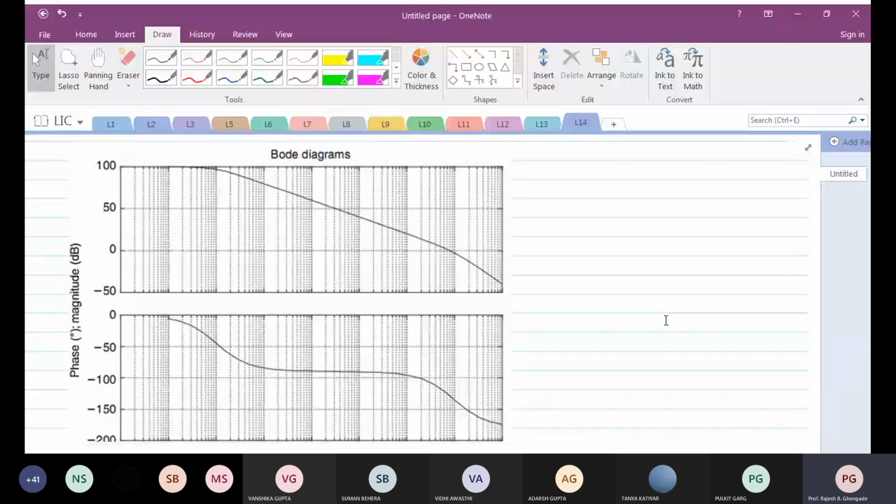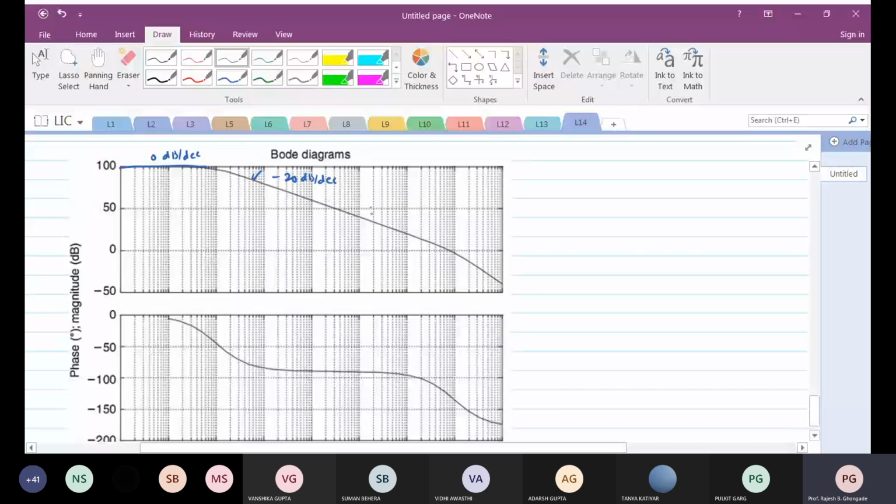It says that we have different frequencies. This is 0 dB per decade. There is no slope here. Here you may have minus 20 dB per decade, and so on and so forth.